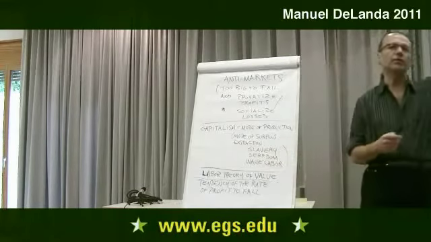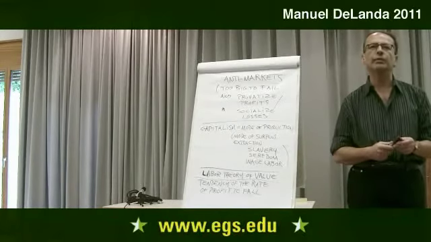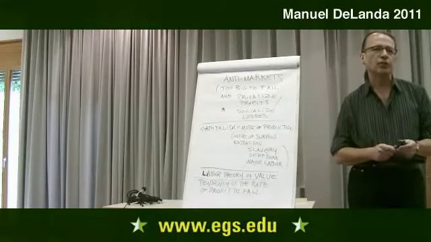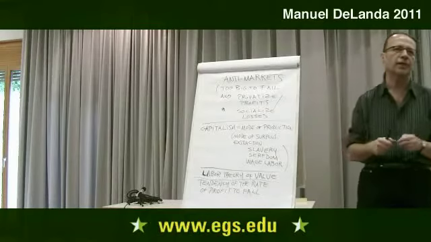Only premise number one, only workers produce value. Machines don't produce value, capital doesn't produce value, organization of production doesn't produce value. I disagree with all three, but let's forget about it for a second.